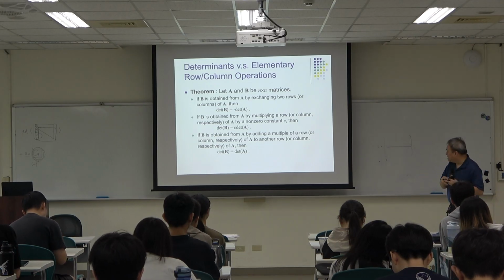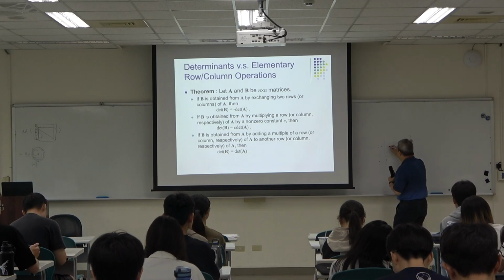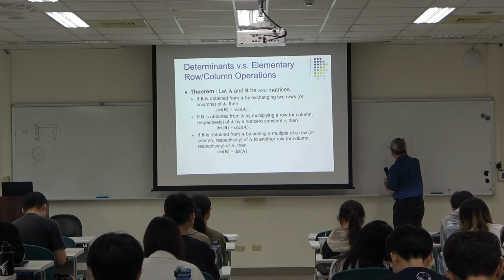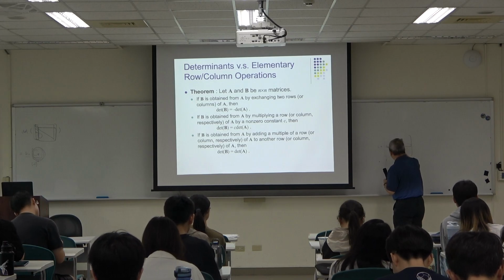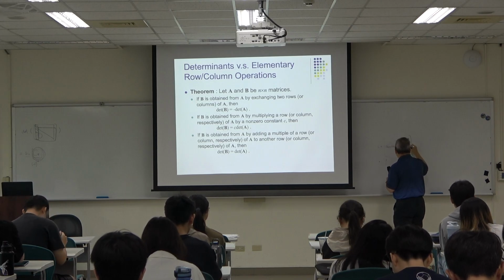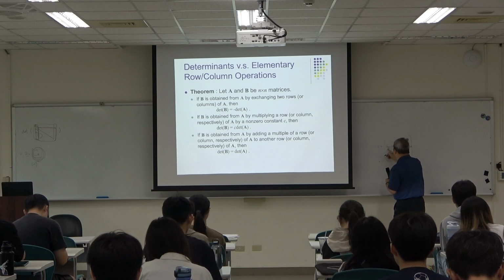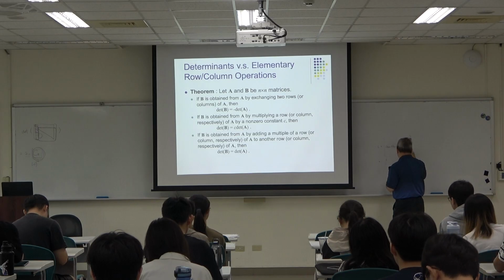Then if this row is Ai1, Ai2, ..., Ain, the result is C times Ai1, C times Ai2, ..., C times Ain.